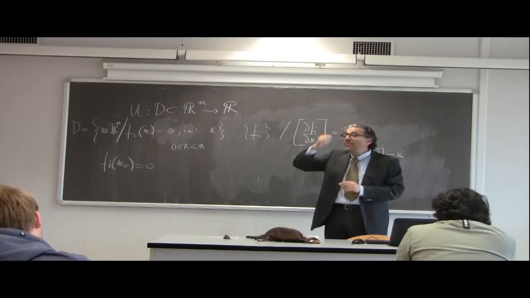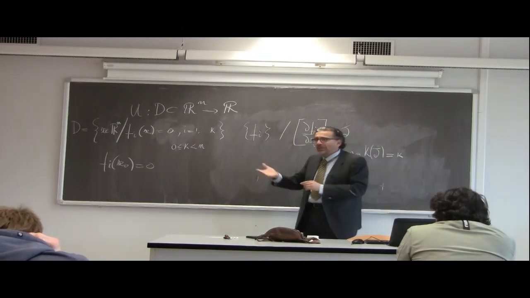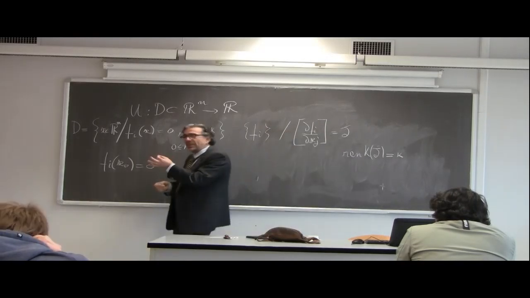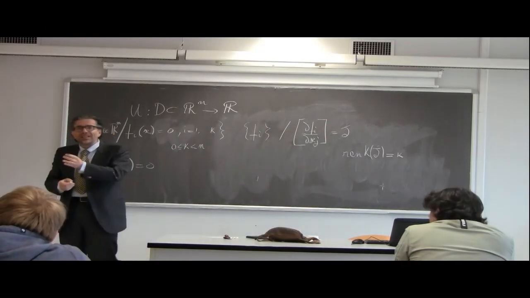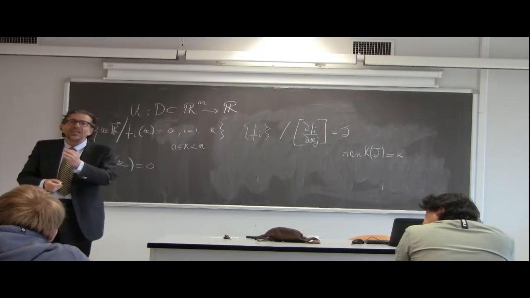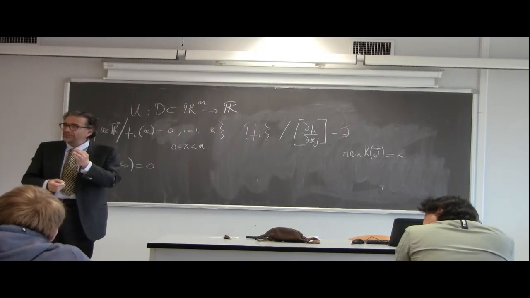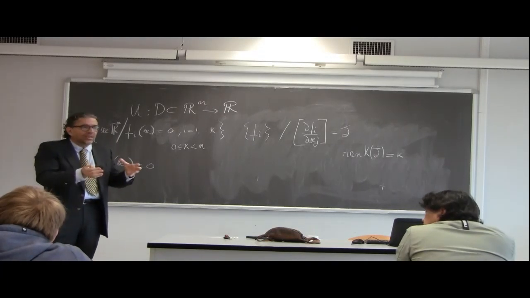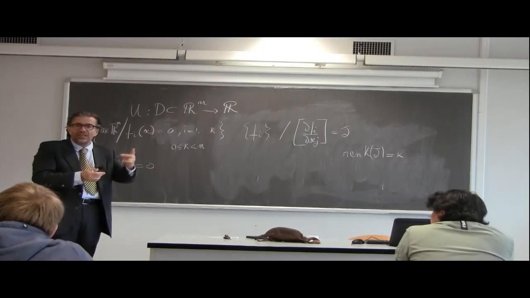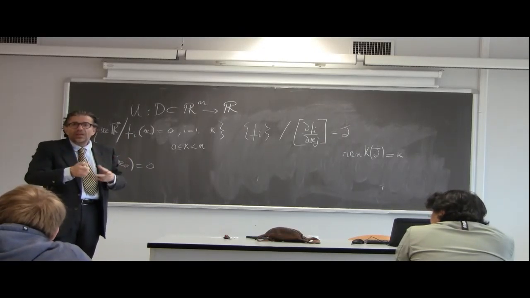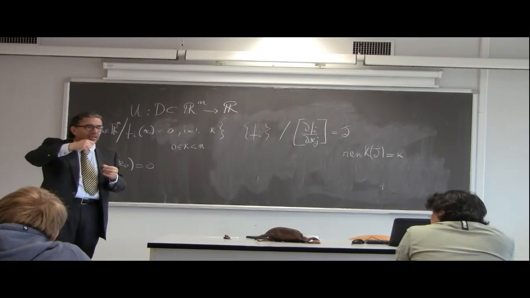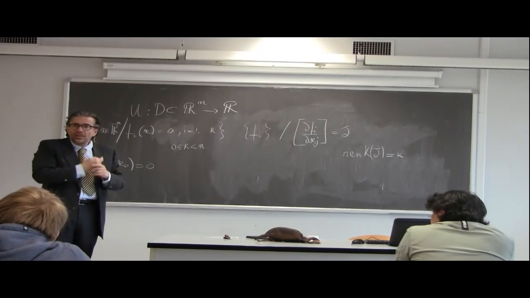It is a hypersurface, and every point on this hypersurface can be characterized by n minus k parameters. So a sphere is a two-dimensional surface in R3. A curve in space is a one-dimensional surface in R3.